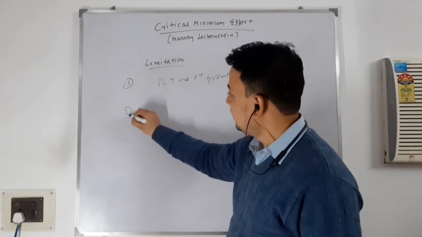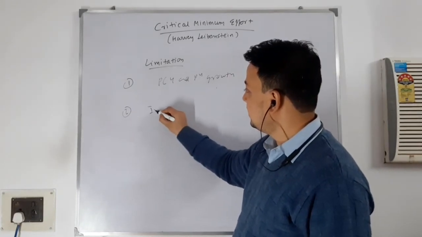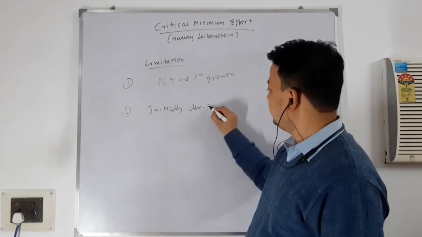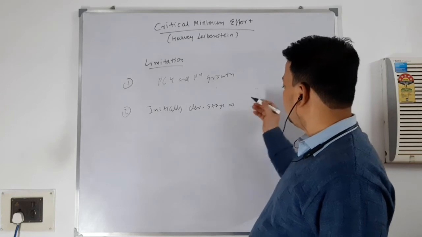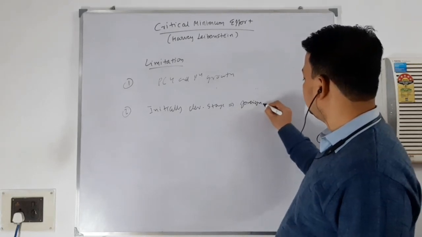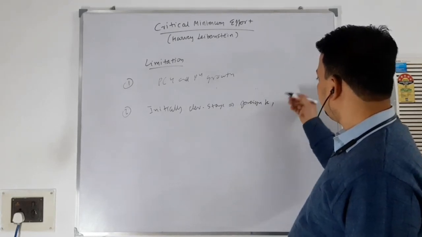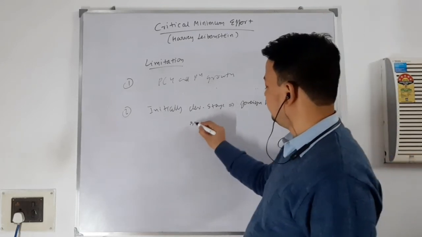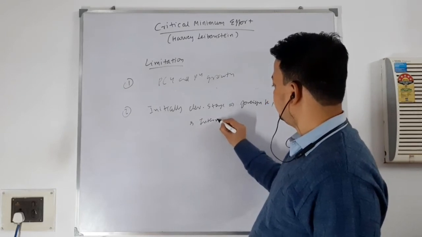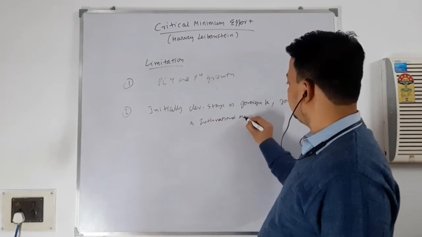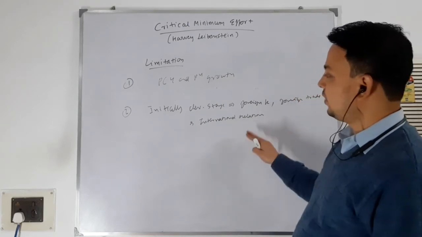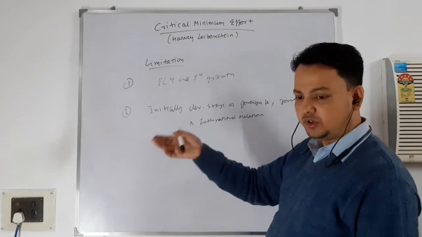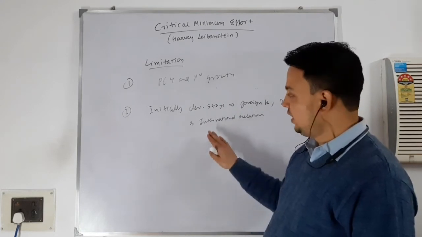Okay, when any developing country is initially developing, at the initial development stage, they require foreign investment, foreign capital, foreign trade, and international relationships. These things are important. When you are developing, you require capital from foreign countries, you require foreign trade, you need to have proper foreign relationships, then only can you develop.